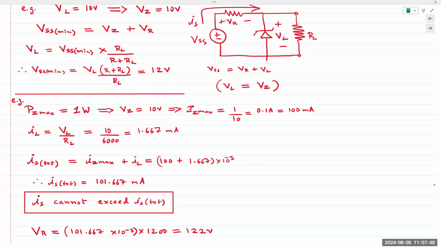Does everyone see the error? So the maximum power rating for the Zener, 1 watt, gives us the maximum current the Zener can handle. We add that to the load requirement. That's the maximum current that can come from the power supply. If that's the maximum current coming from the power supply, then we calculate the maximum voltage drop across the resistance R, and we add that to VZ. That would give us the maximum supply voltage.